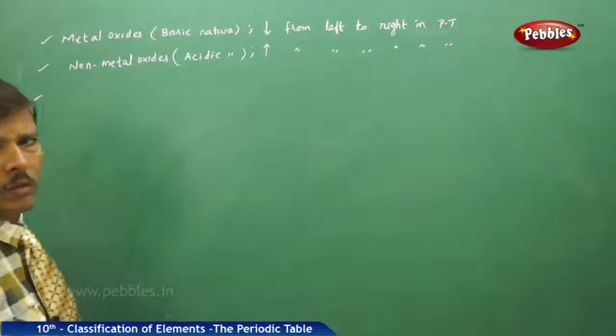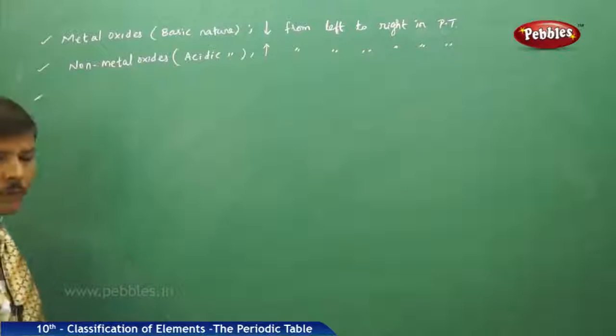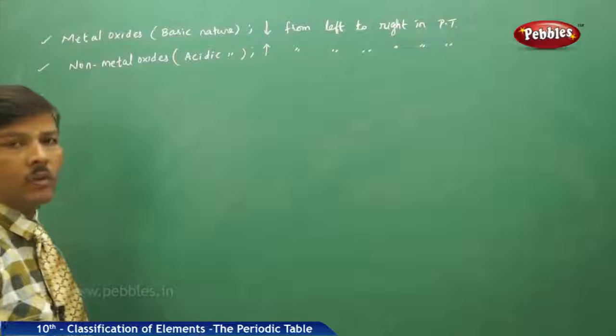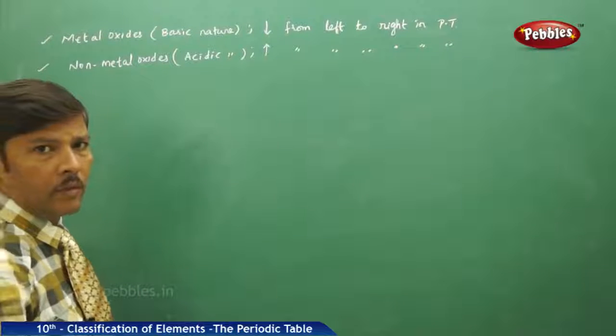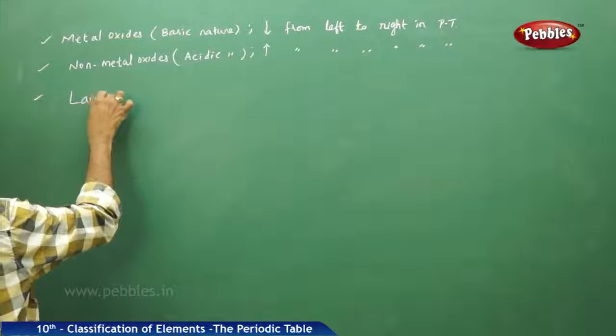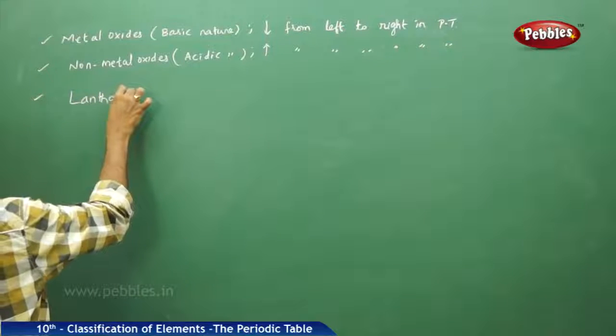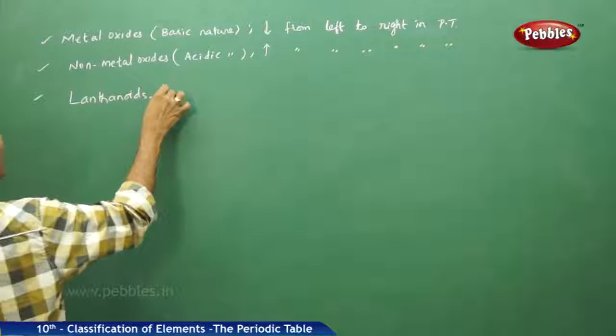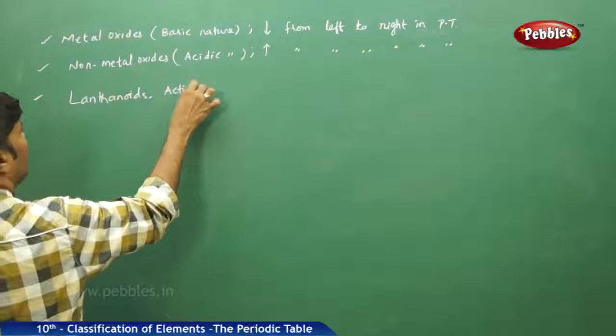Similarly, if you take these metal oxides and non-metal oxides, we also have some more type of elements, that is lanthanides and actinoids.